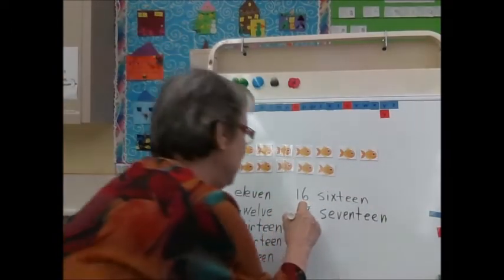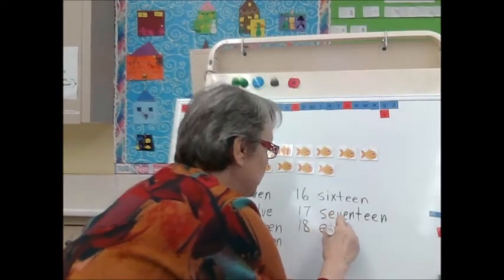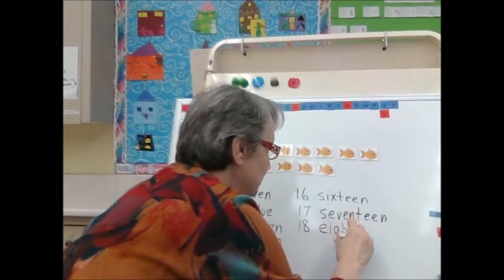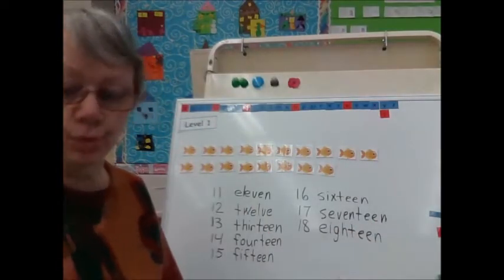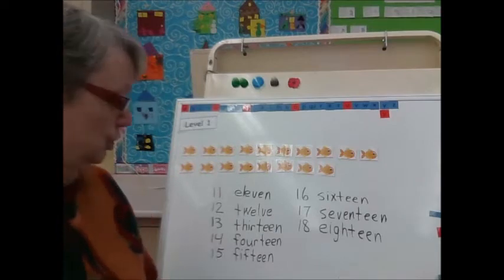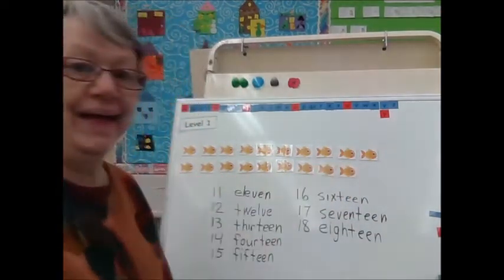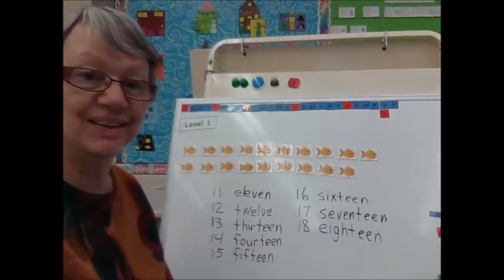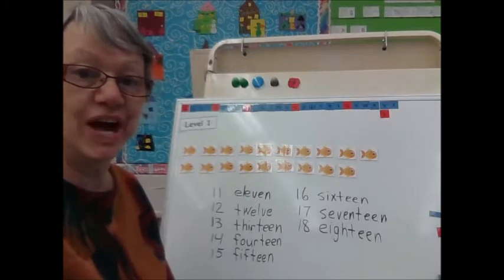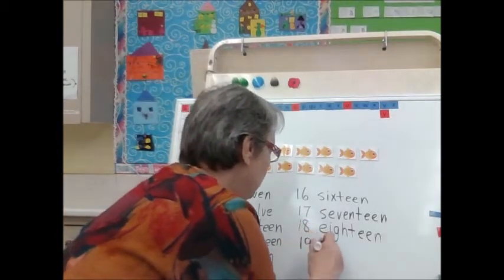That's 18. 18 goldfish. All right. And we write the number and the word. And we're going to add another goldfish. And now we have how many goldfish? If you said 19, you are right. 19 goldfish.